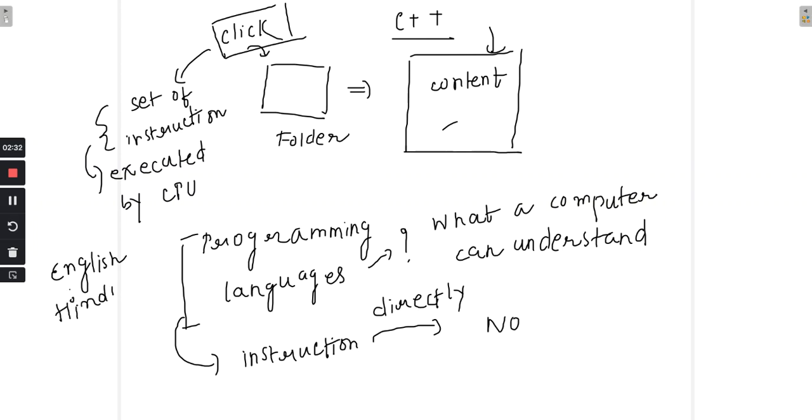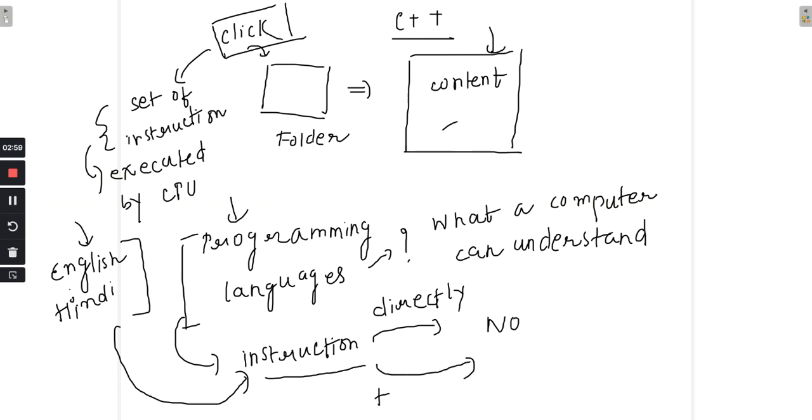These are the native languages that we use in our day-to-day life. Somehow, using this, we frame these instructions for our programming languages. The programming languages are mediums for us, so that we can use our own language and write something that a computer can understand. Now, once the instructions are framed, they are gonna be somehow translated to machine language.